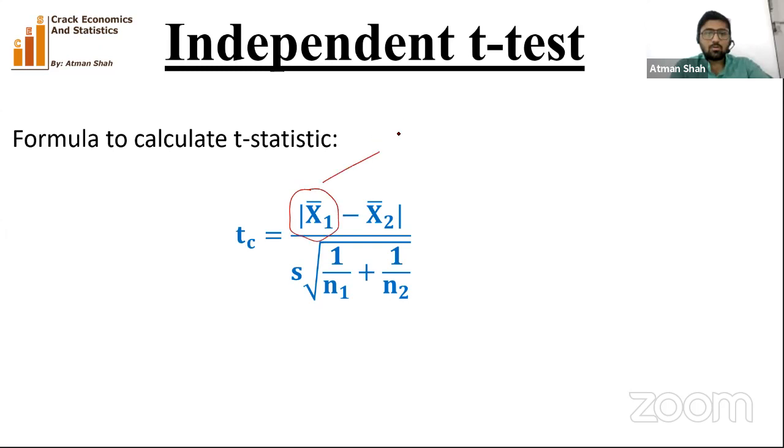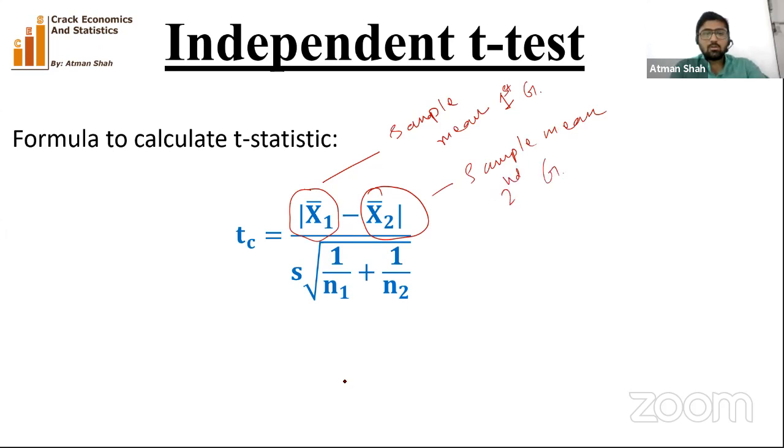X2 bar is the sample mean of the second group. n1 shows the size of group 1, and n2 shows the size of group 2, and S is the sample standard deviation.